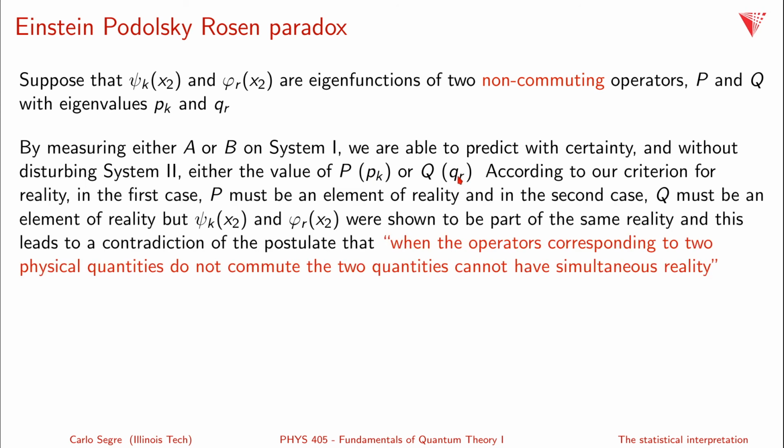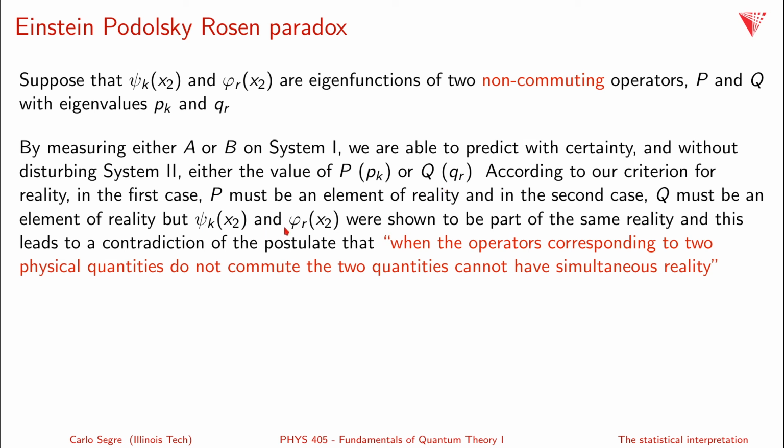Now, according to the criterion for reality, the one mentioned on the first slide of this paper, P must be an element of reality. And in the second case, Q must be an element of reality.